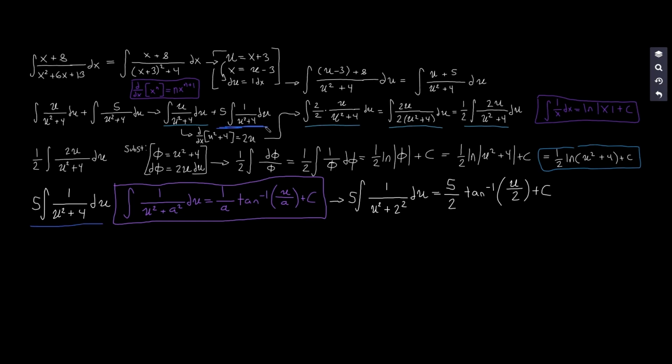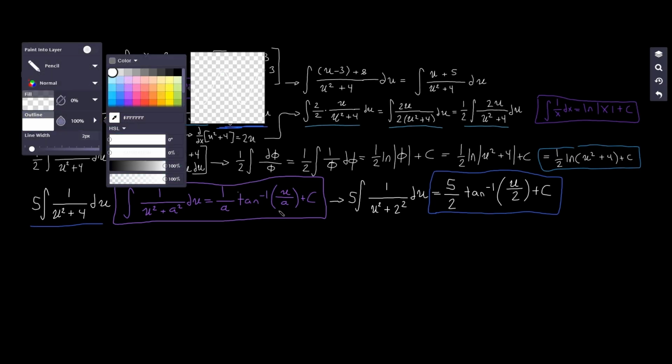This here in dark blue is the same thing as this here in dark blue. This is our answer, and we have to connect them to each other. So that said, let's go ahead and do that.